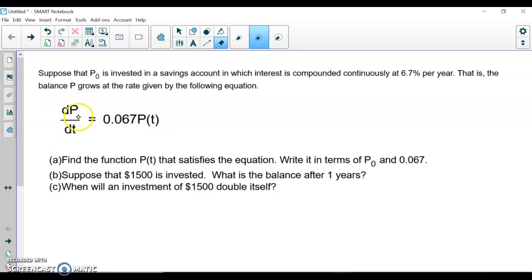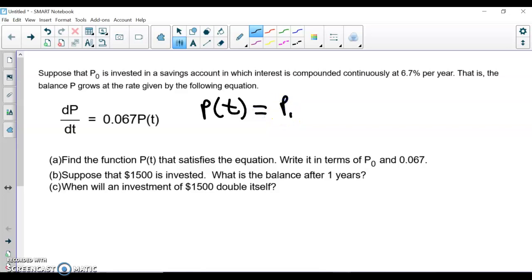We need a function whose derivative is, I don't know why I erased all of that, I'll write it again. A function whose derivative is exactly 0.067 multiples of itself. Right, so anyways, put that back. We said P of t was equal to P sub 0 e to the 0.067t. That's a decimal right there.